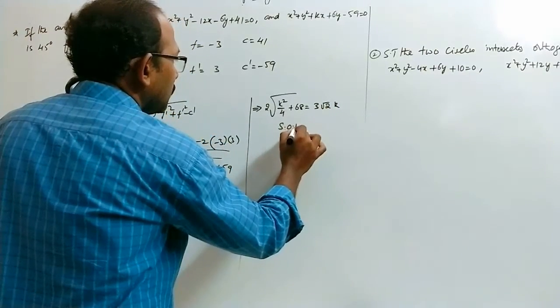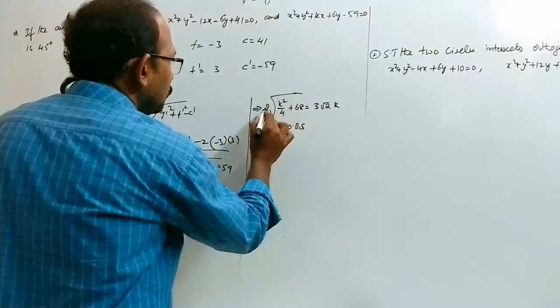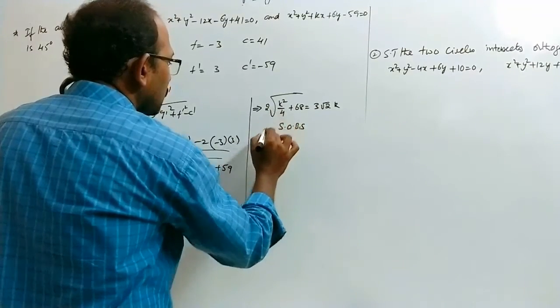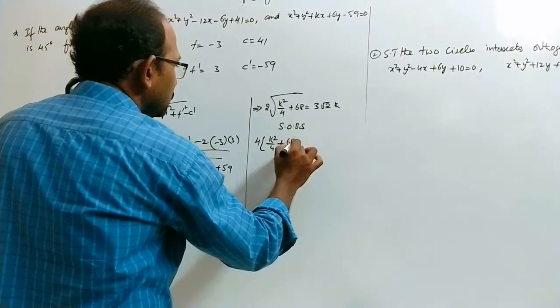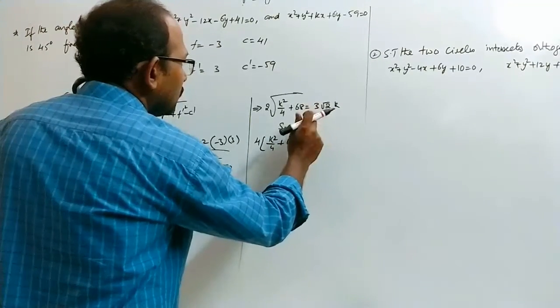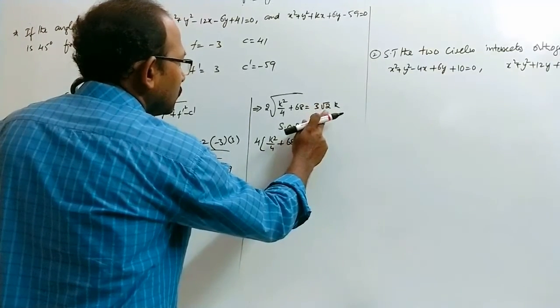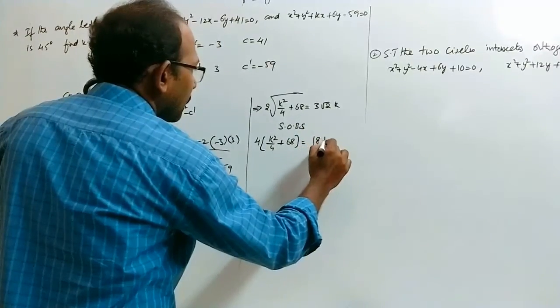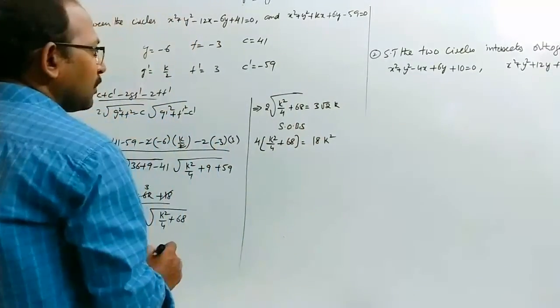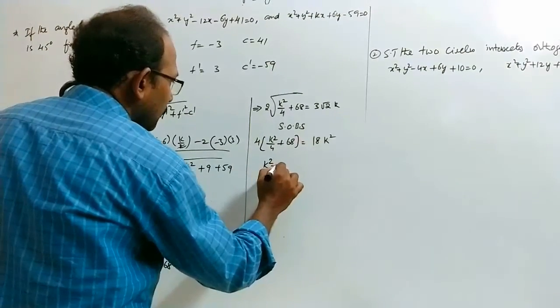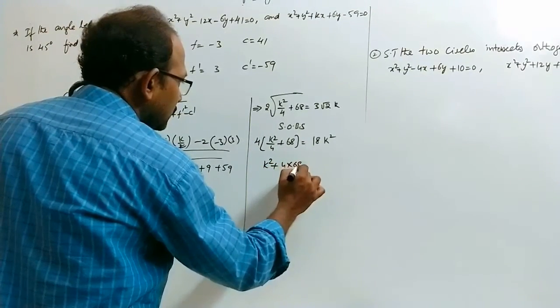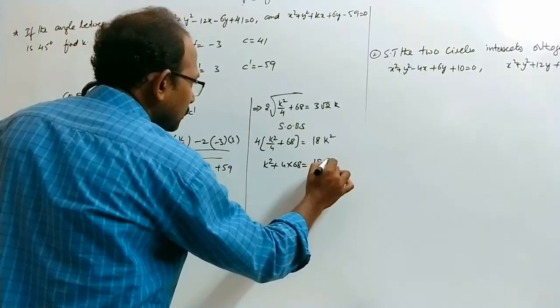Now squaring on both sides, then 2 becomes 4, here root cancelled, k square by 4 plus 68 is equal to here 3 square 9, 9 2s are 18, 18k square. Then simplification, 4 4 cancelled, simply k square plus 4 into 68 is equal to 18k square.